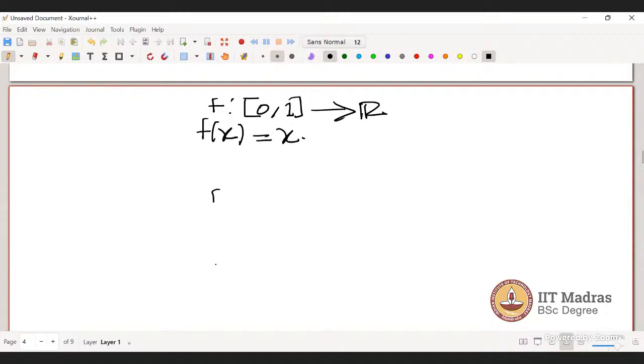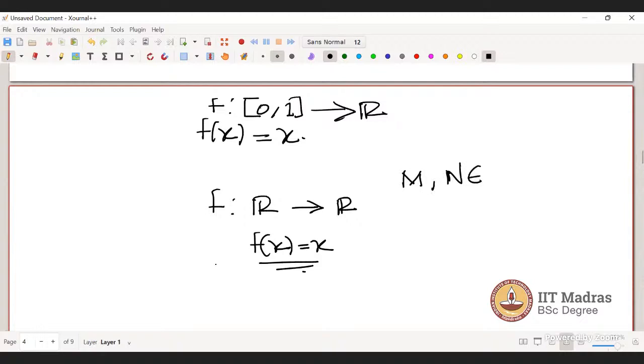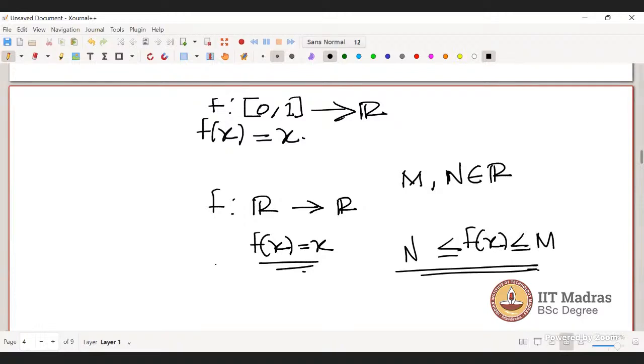Yes. But if I define my function from R to R, so that f of x is equal to x, this is not a bounded function, right? You cannot get some m and some n, because as x tends to infinity, your f of x goes to infinity.